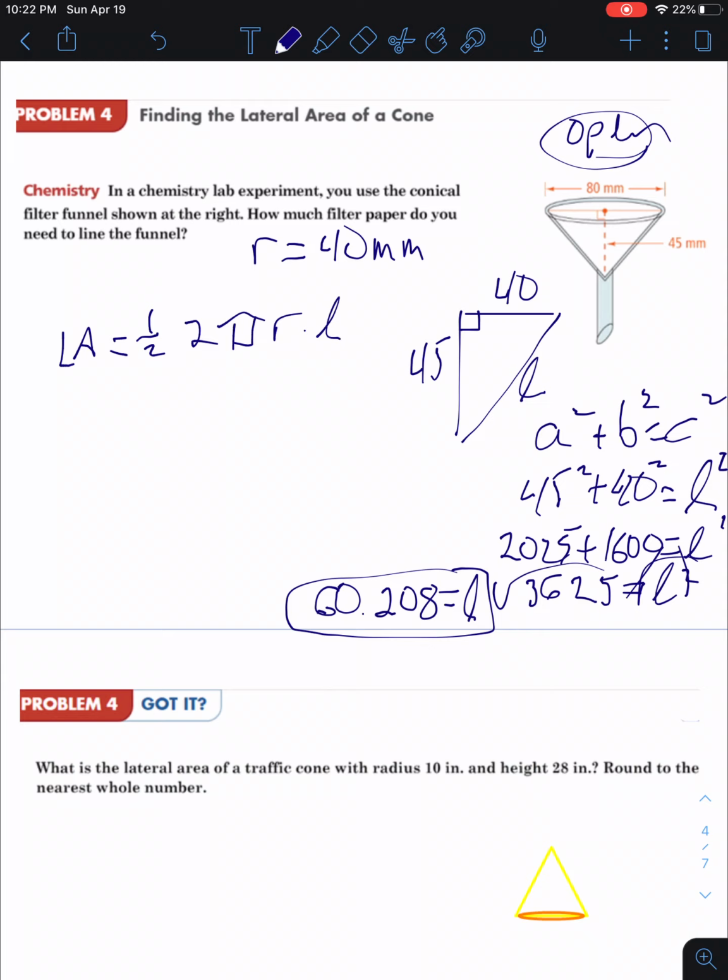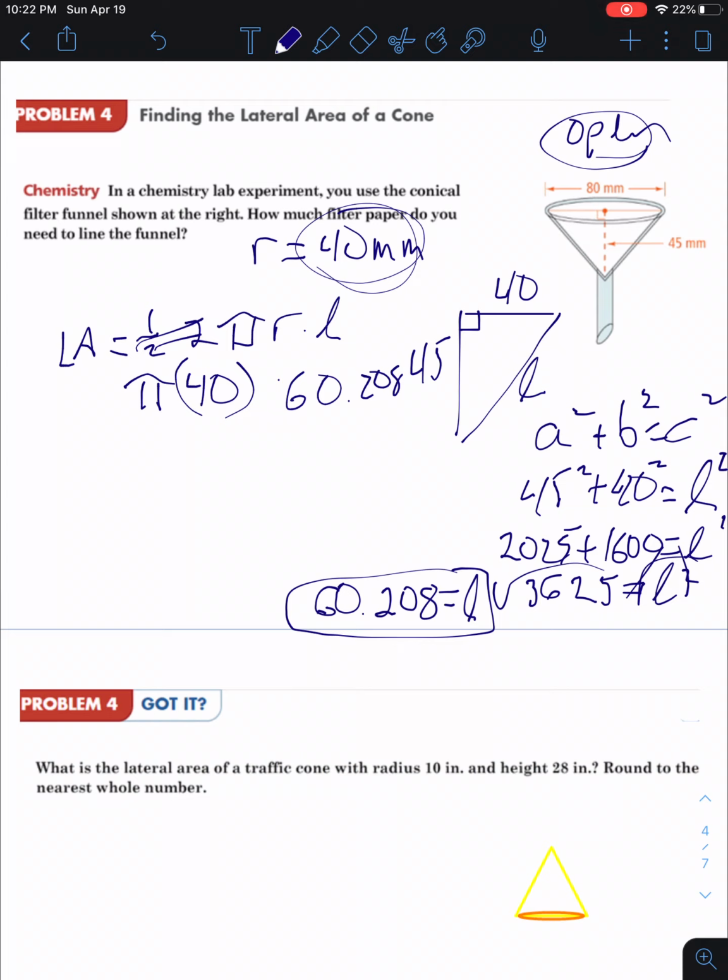The 2 and the 1/2 cancel. So now we've got pi times the r, and the r up here was 40, times 60.208.